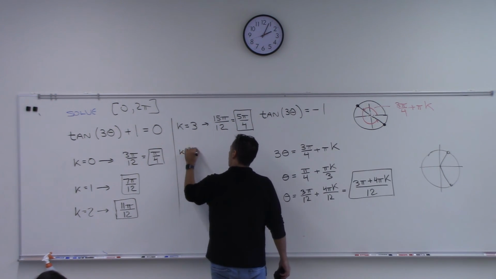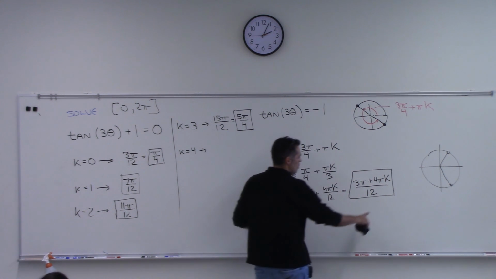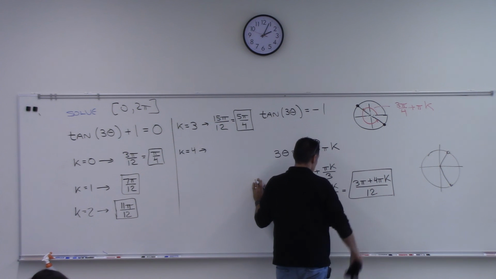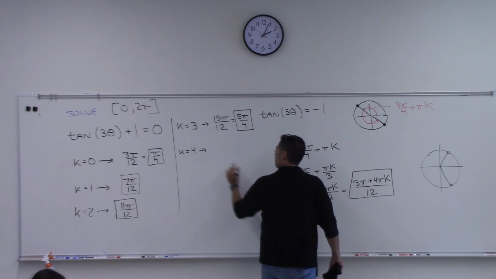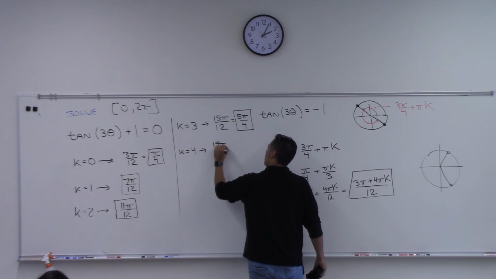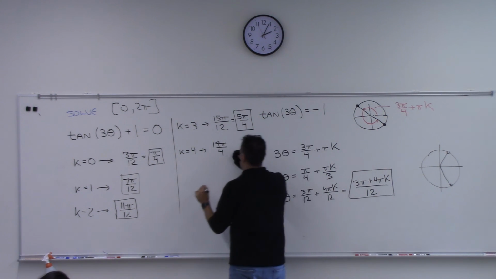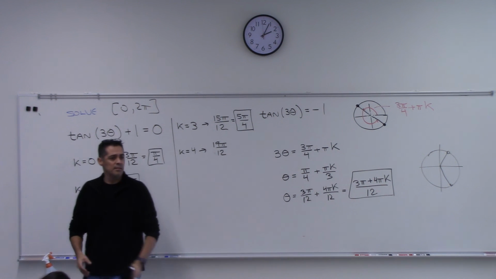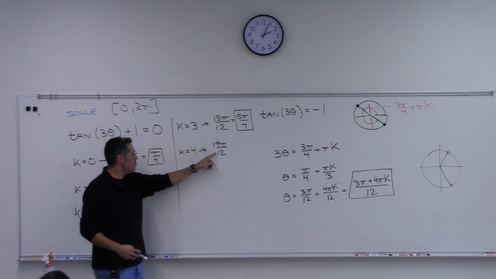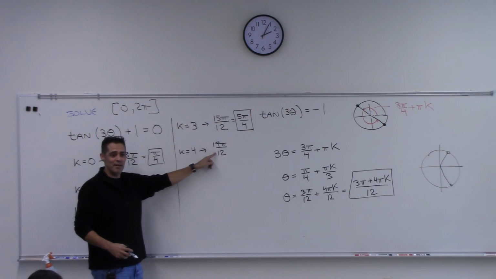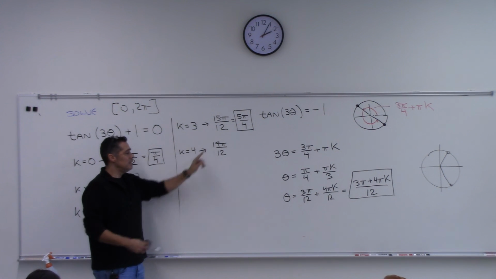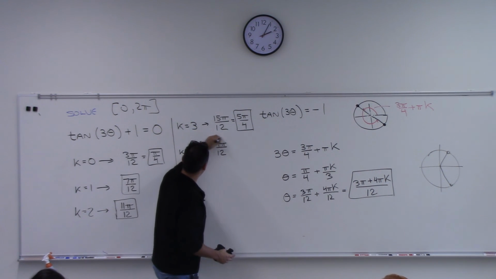K equals 4. 4 times 4 is 16 plus 3, 19 pi over 12. Is that still smaller than 2 pi? Yes, 19 divided by 12 is still smaller than 2, right? We're not going to be outside of this until we get past 24, right? I think it's going to happen on the next one.